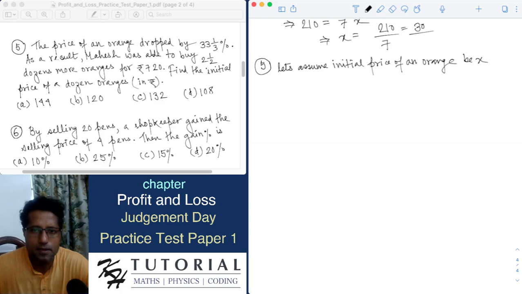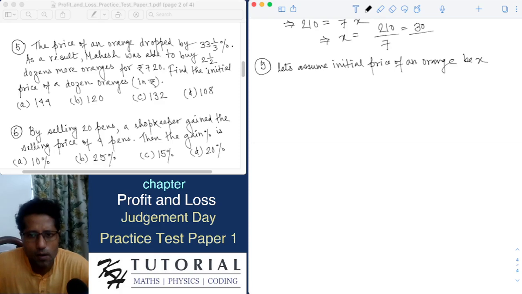This means that based on the reduced cost price of a single orange after the price drop of 33 and 1/3 percentage, Mahesh was able to buy 2.5 dozens more oranges for rupees 720.